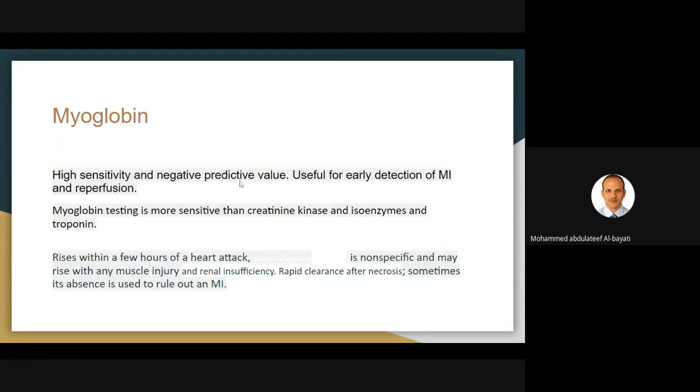What is meant by negative predictive value? If one comes with chest pain and you measure the myoglobin, if the myoglobin is absent, you can rule out presence of myocardial infarction. So its power is in its sensitivity and negative predictive value.